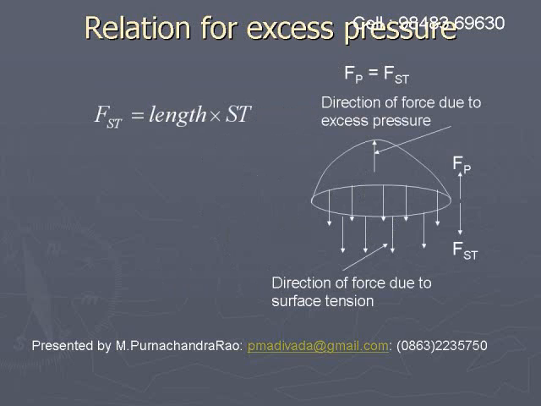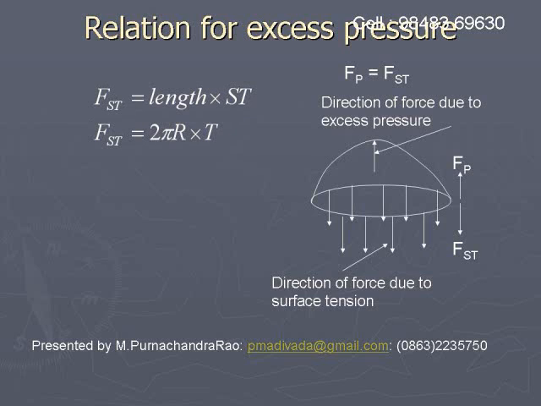Relation for excess pressure. Force due to surface tension is equal to length into surface tension. So Fst is equal to 2 pi r into T. 2 pi r is the circumference of this hemispherical cross section. Then force due to excess pressure is equal to pressure into area.